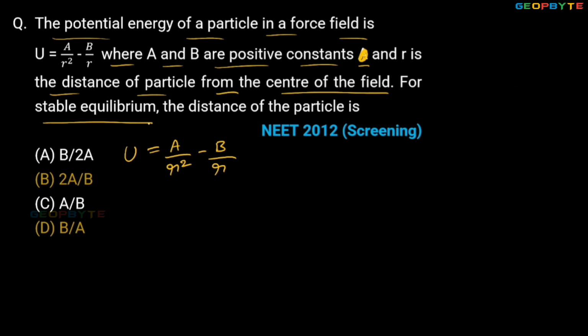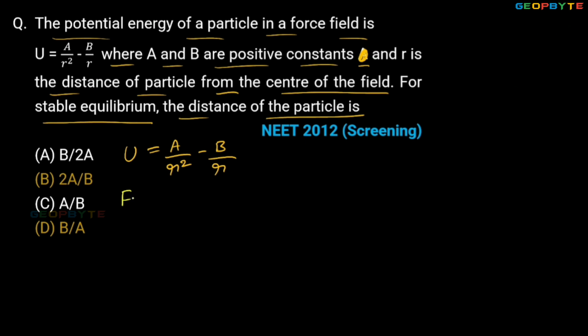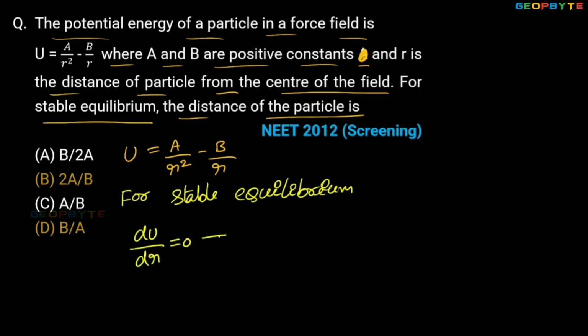For stable equilibrium, the distance of the particle is, it is asking for stable equilibrium. Dear friends, remember, for stable equilibrium, dU by dr must be equal to 0.